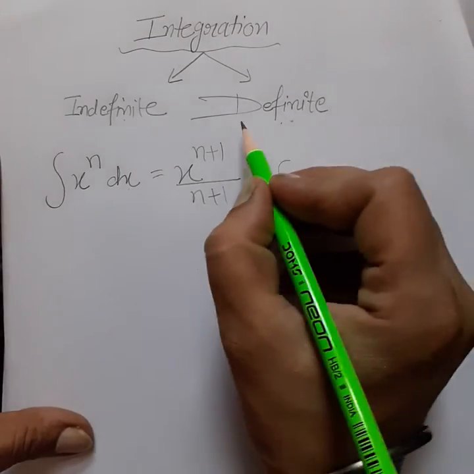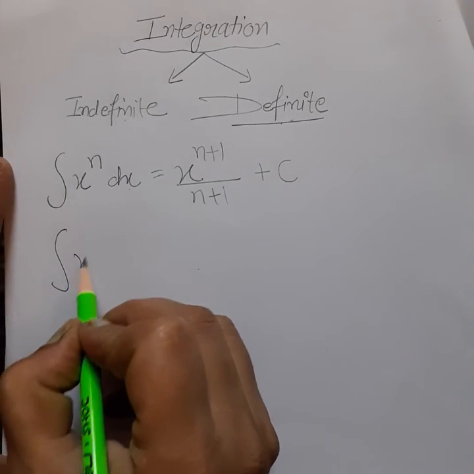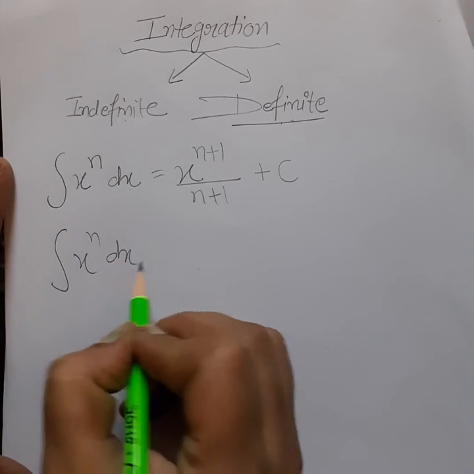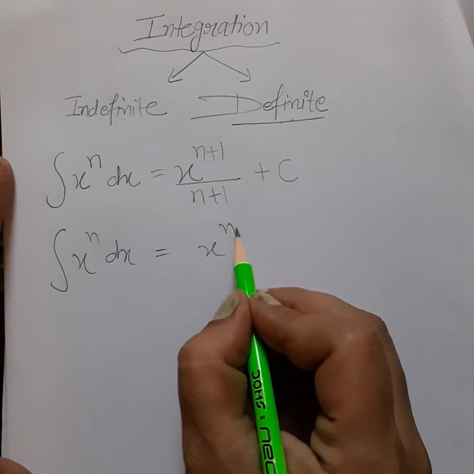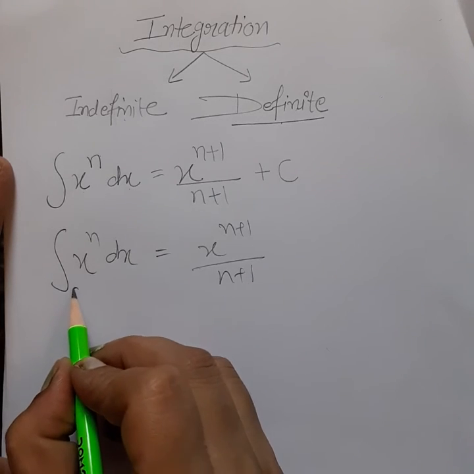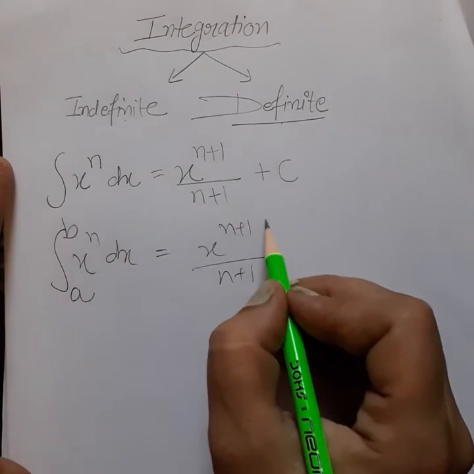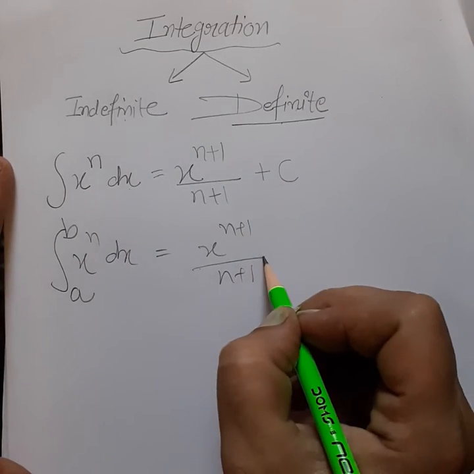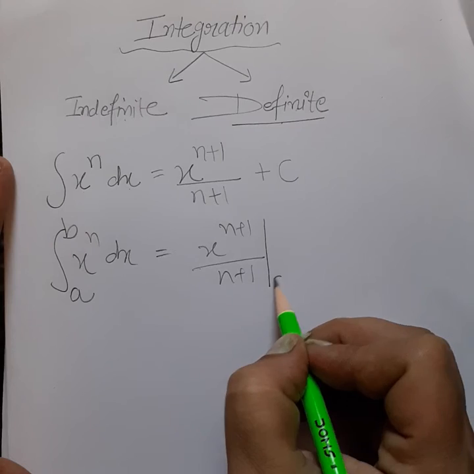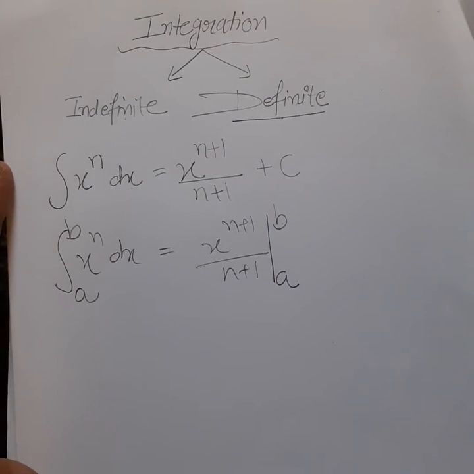Okay, and if we talk about the definite integral, then we write the same formula and we follow the same process of integration, but there are lower and upper limits. After taking the integration, we write these limits at the end of the answer.